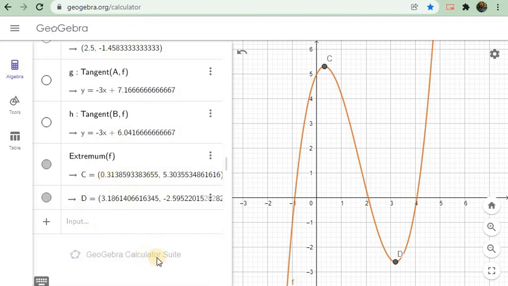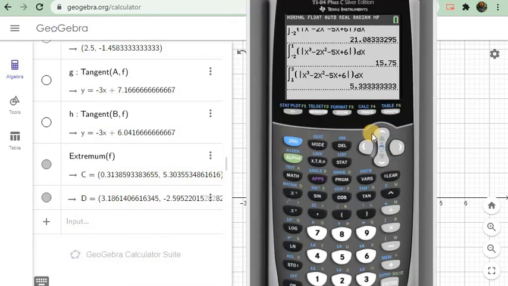Let's open the calculator here. Okay, this is our calculator.